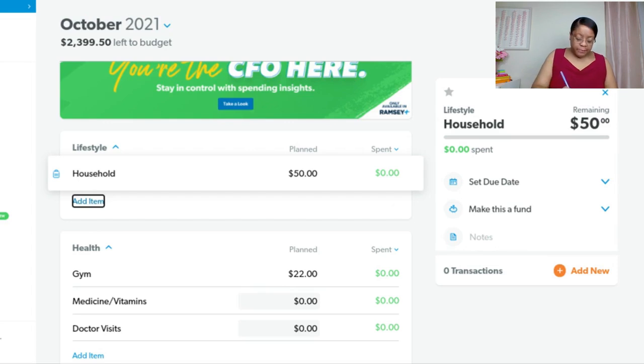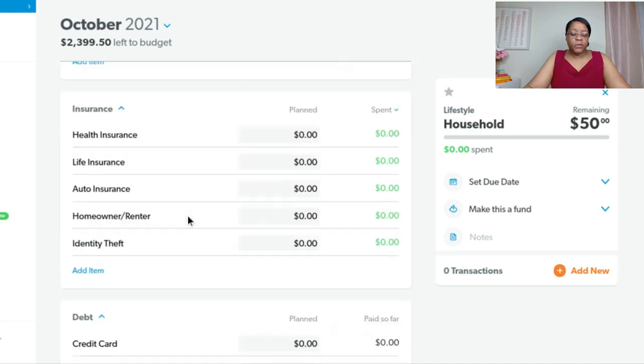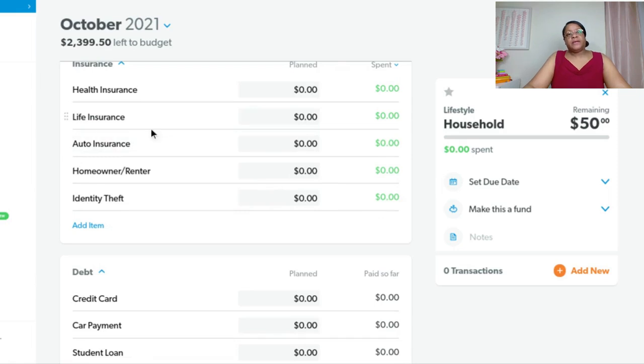So I think I have MLGW, phone, internet, and now we are at medicine and vitamins. I'm not going to put anything into those. Health insurance, life insurance. At this point, I wasn't tracking my health insurance and life insurance. I think this might have been the year when I got overcharged for something, and that's when I started.